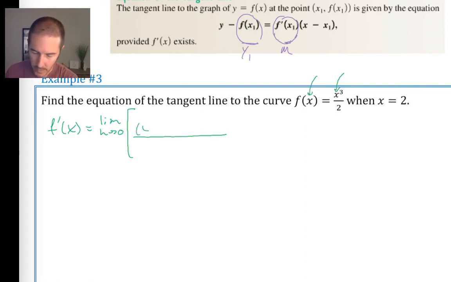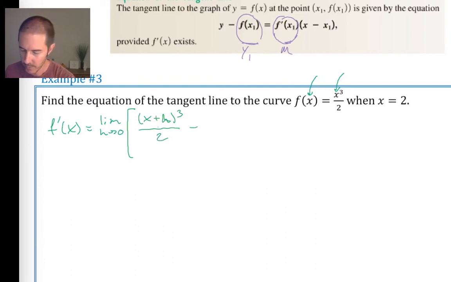So that is x plus h, which we have to raise to the third power, divided by 2, minus the original function, f of x, which is x to the third over 2, and then we have to divide all of that by h.